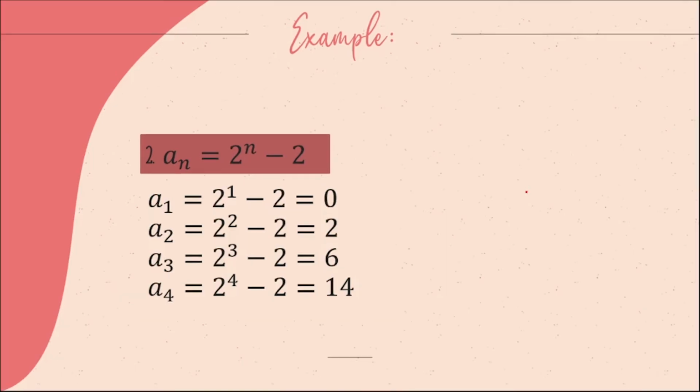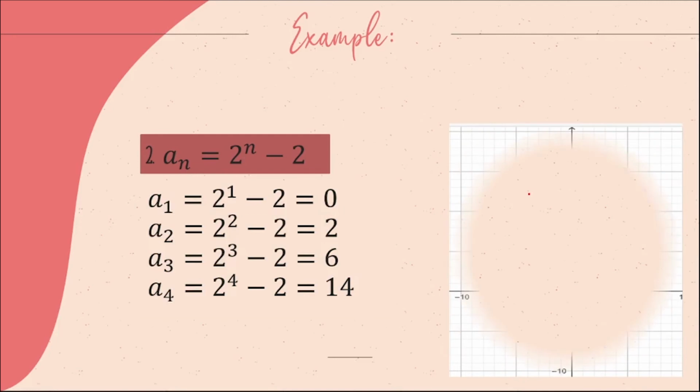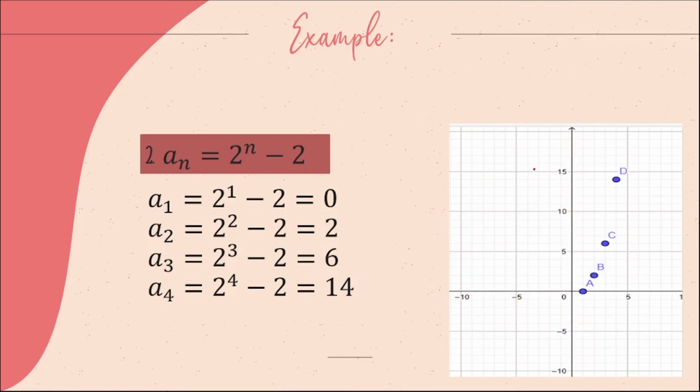Let's go ahead and plot these points. Now, I want to show you the pattern here. This plot A represents 1, 0, B represents 2, 2, C represents 3, 6, and D represents 4, 13.